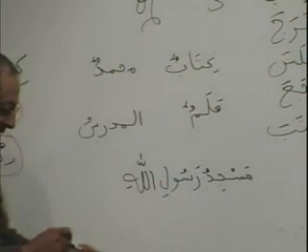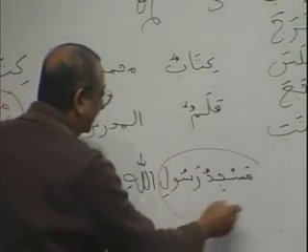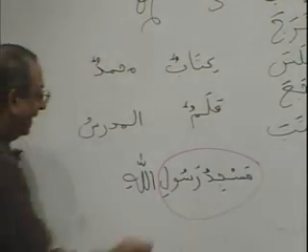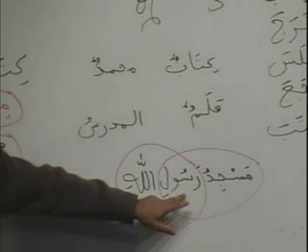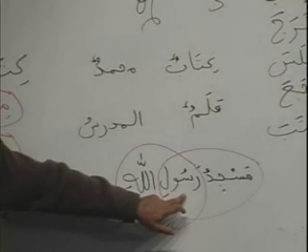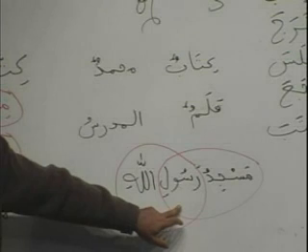Then again, second chain starts. This is, let me circle it, one compound, and then this is second compound. So it means that rasuli in the first compound became mudaf ilayhi, and in the second compound it became mudaf.